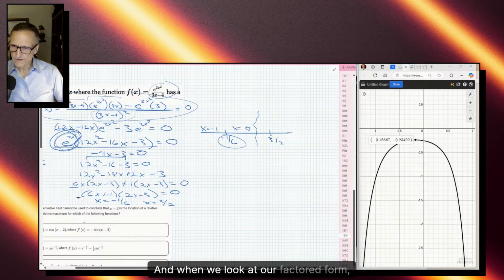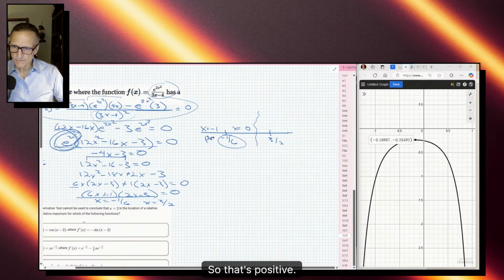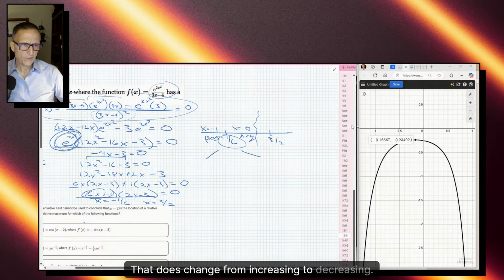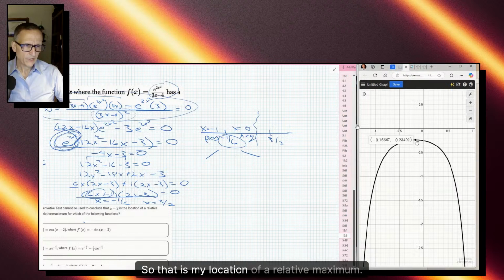And when we look at our factored form, when x is negative 1, that's going to be a negative times a negative. So that's positive. When x is 0, it's a positive times a negative. Okay, so that does change from increasing to decreasing. So that is my location of a relative maximum. Okay.